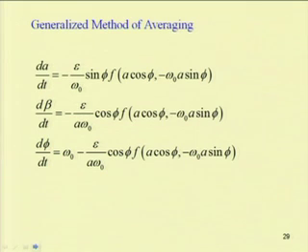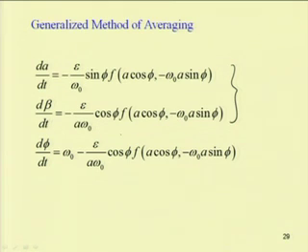So, this generalized method of averaging is the extension of the Krylov-Bogoliubov method. In the Krylov-Bogoliubov method we have obtained these two equations, dA by dt and d beta by dt. dA by dt equals minus epsilon by omega 0 sin phi f(a cos phi, minus omega 0 a sin phi), and d beta by dt equals minus epsilon by omega 0 cos phi f(a cos phi, minus omega 0 a sin phi).